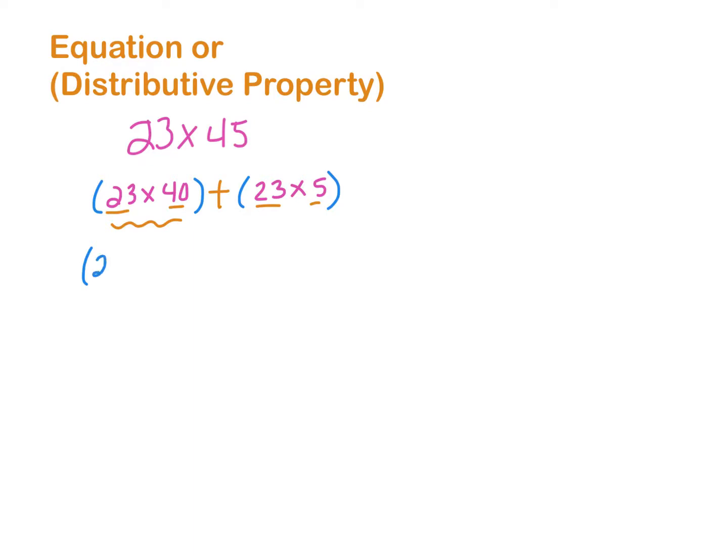Let's go back to pink. So now I'm going to break up the 23 into 20, again times 40, and then I'm going to do that 20 times the other part of 45, which is the 5.